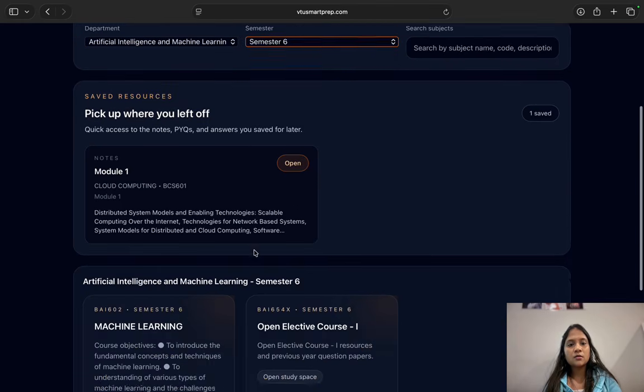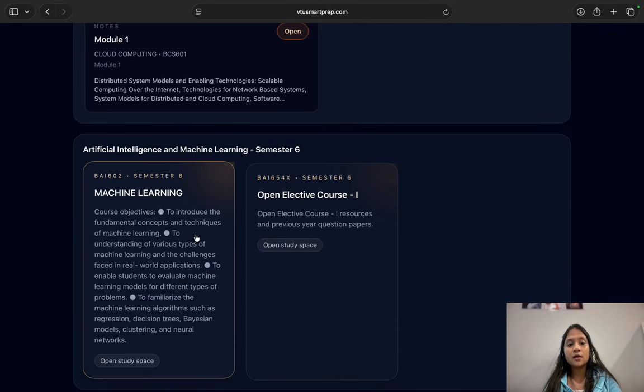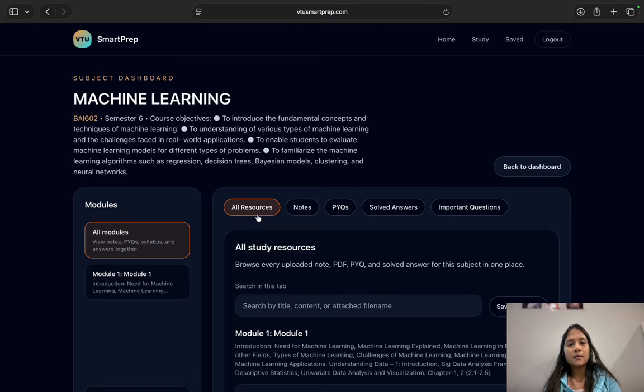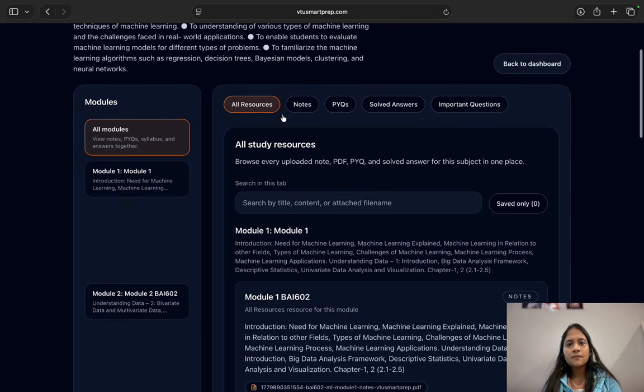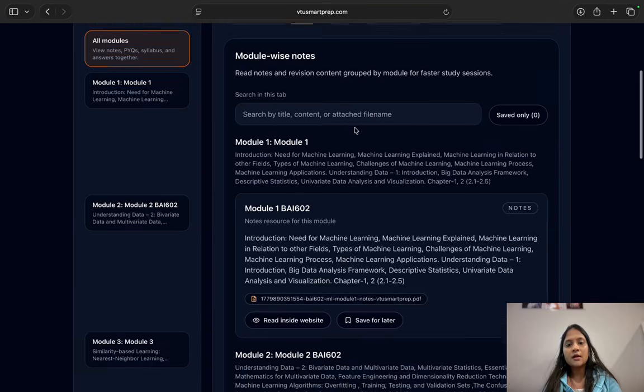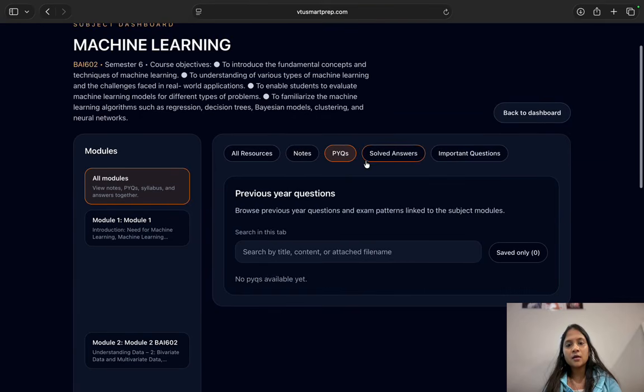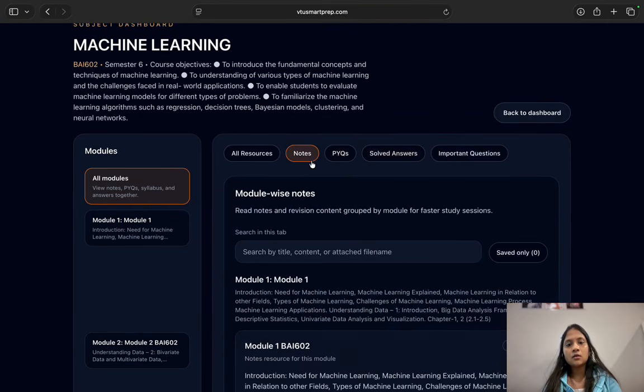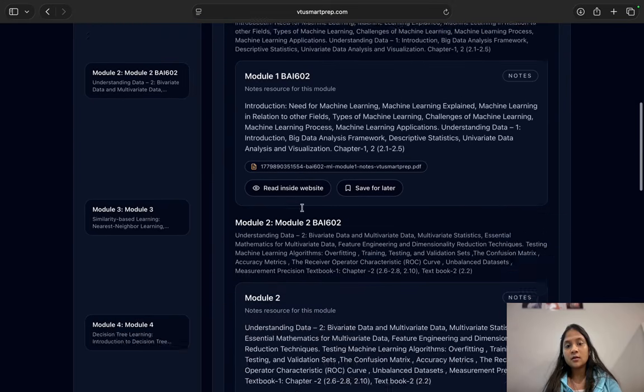Right now only machine learning is available. So click on the department, and here you can see resources, notes. Right now only notes are available. PYQ is not there. Notes are available, so here you can find the solution.